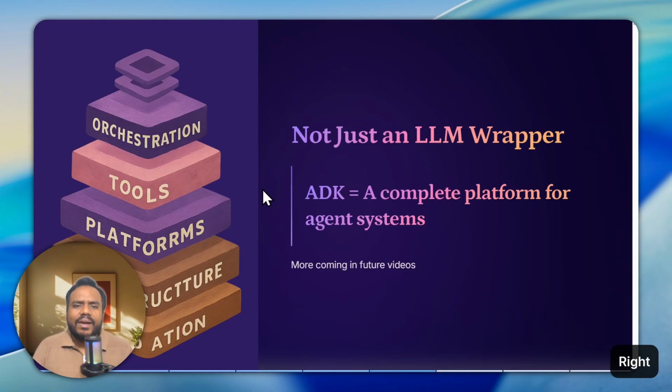This is not just an LLM wrapper with some nice tools. It's an entire platform for building agent systems. We'll dig into all of that in the upcoming videos. But for a first look, I think the City Explorer is a great way to get familiar with ADK, especially if you are coming from Spring AI.